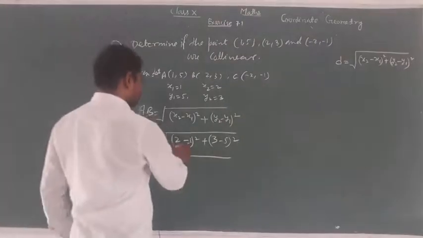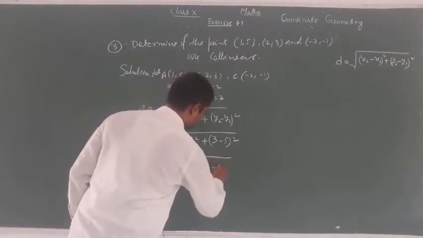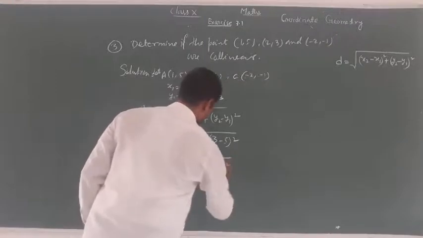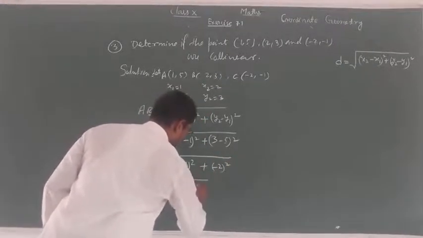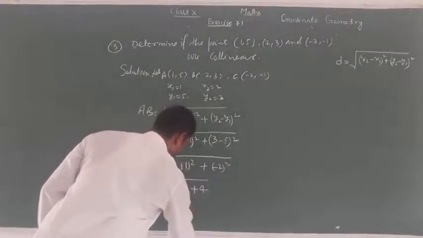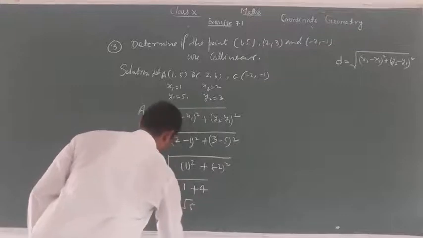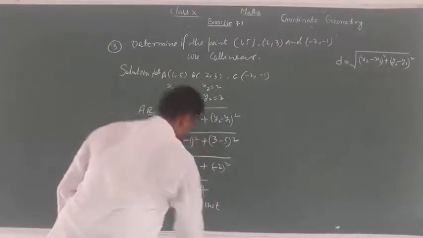Now (2 minus 1) squared is 1, (3 minus 5) squared is (-2) squared. So square root of 1 plus 4, so square root of 5. So the distance AB is root 5 units.